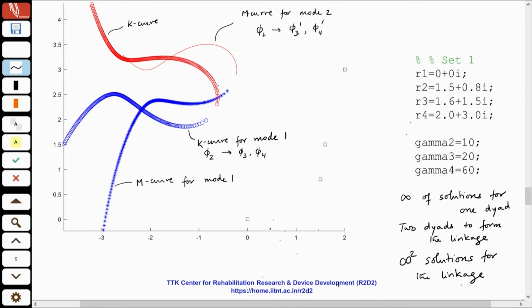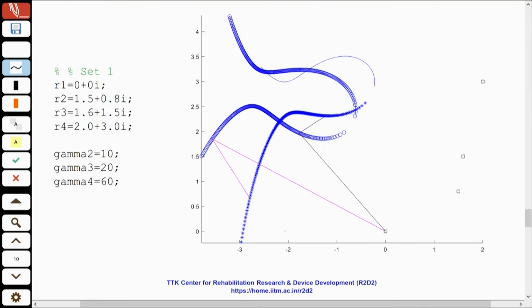Okay. So, this again shows two dyads that I have chosen, again center point, circle point, and the circle point, and this is the coupler which reaches position 1, 2.